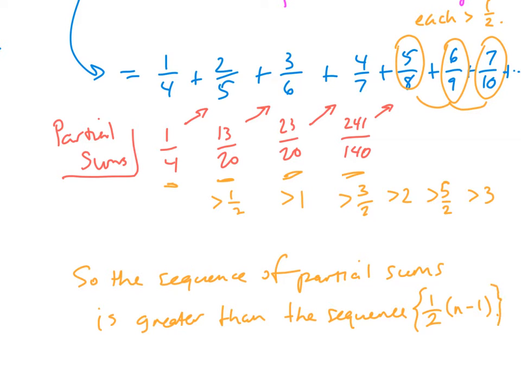What I mean is that the nth partial sum is greater than 1/2 of n minus 1. My sixth partial sum, for example, is going to be bigger than 5/2. My seventh partial sum is greater than 6/2. My eighth partial sum would be greater than 7/2 if I were to compute it. And this sequence here goes to infinity.